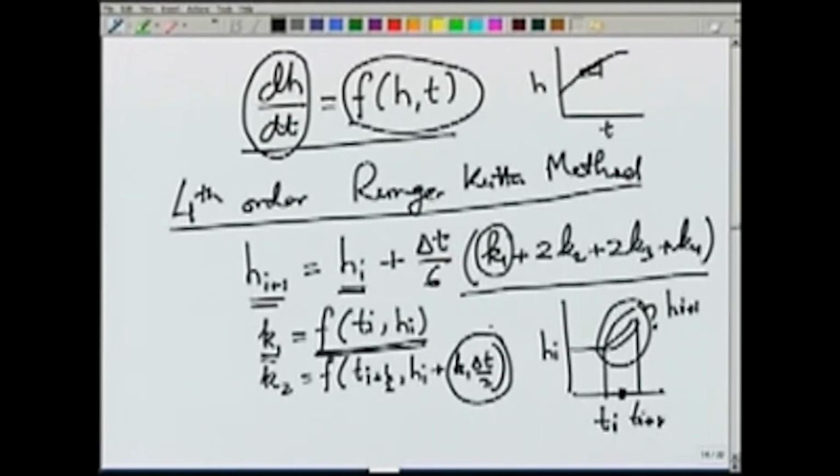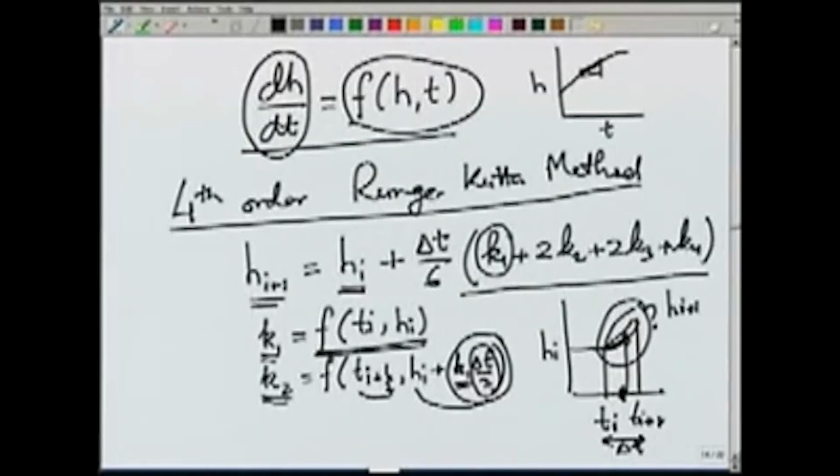So, k1 is the value known at ti, hi, multiplied by delta t by 2, which is the half way up to here. So, let us call this delta t. So, this will give us a value of k2 at half point corresponding to a depth which denotes the slope at the beginning moving up to the midway point. So, this is some h value which we predict based on the original slope of the line at hi ti and the time step delta t by 2.